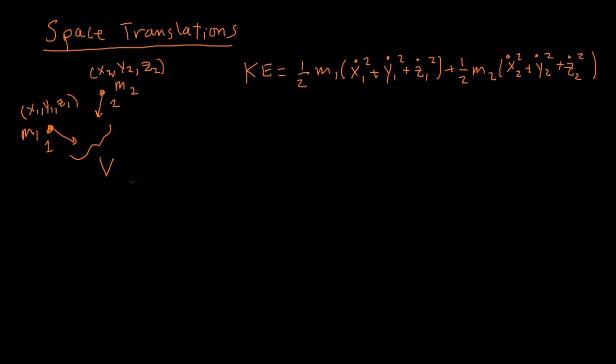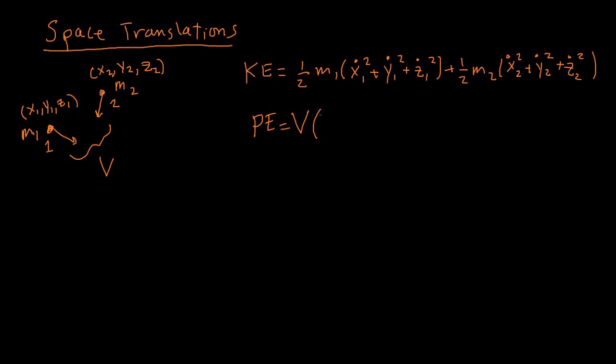In the real life examples we'd be interested in studying right now, V would only depend on the distance between our two particles, like, for example, in gravity or with the Coulomb force.